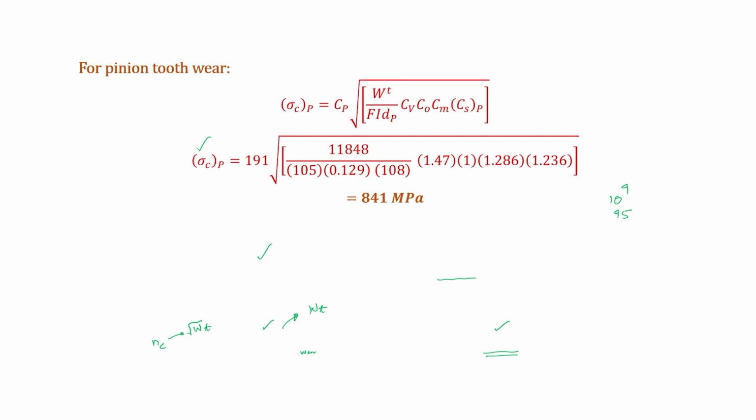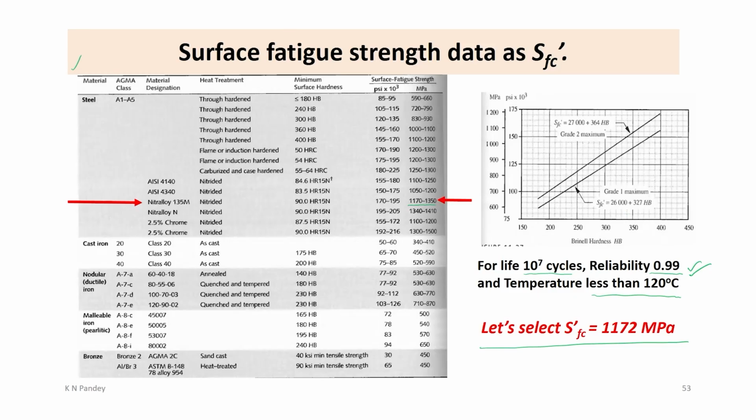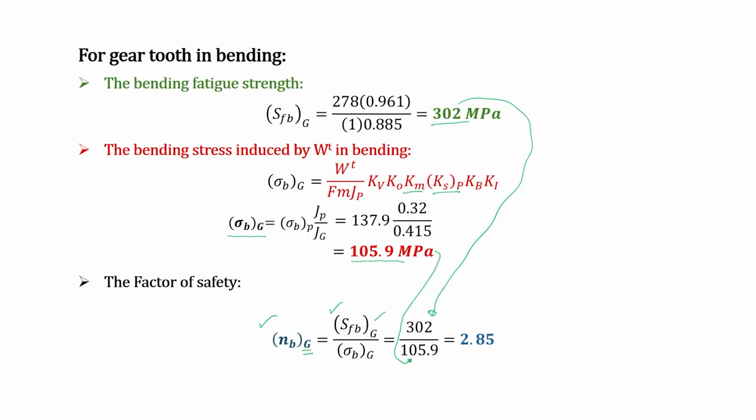Let us take the bending. For the case of bending and for the gear, the factor of safety is 2.85. This is again slightly, not very much more than the required. So, we can take a decision about the module, or we can change the core hardness.